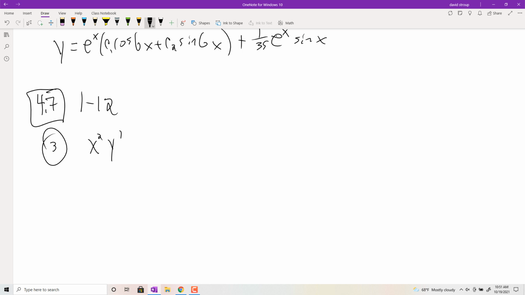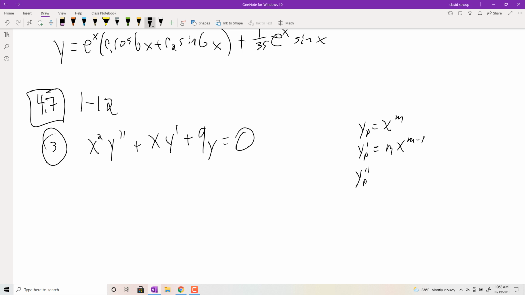So anyways, without further ado, let's look at number 3. x squared y double prime plus xy prime plus 9y is 0. Remember, your particular solution form in these problems is x to the m. You take the first derivative, m x to the m minus 1, and the second derivative, m times m minus 1, x to the m minus 2, and then you substitute them in.